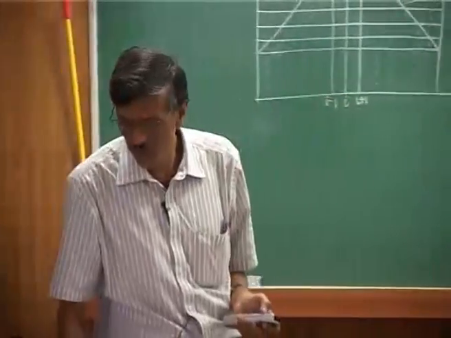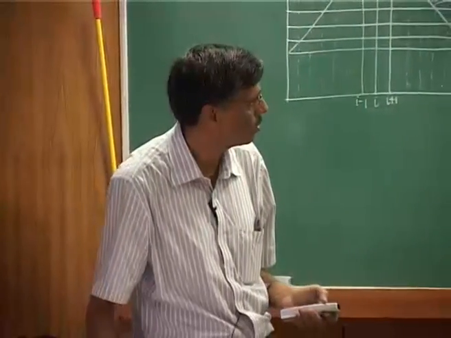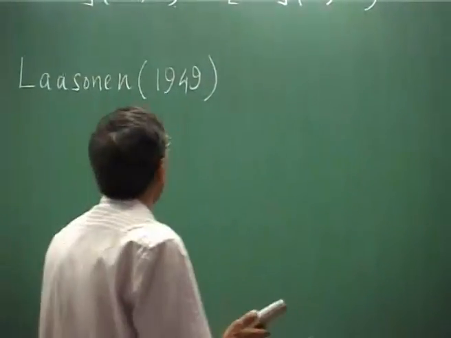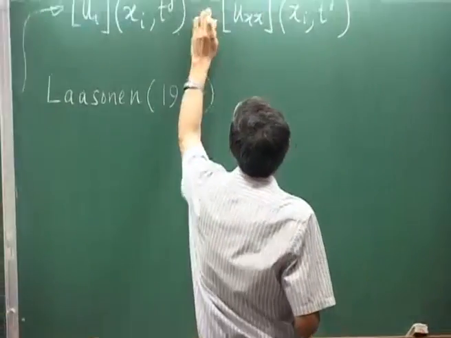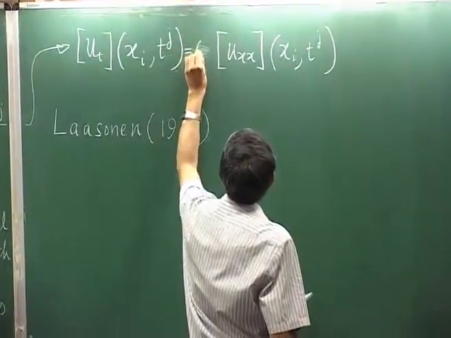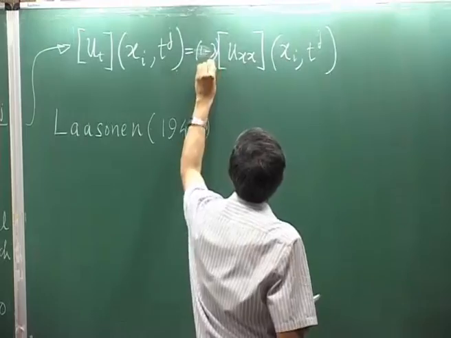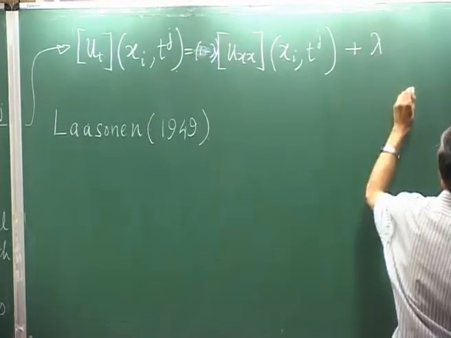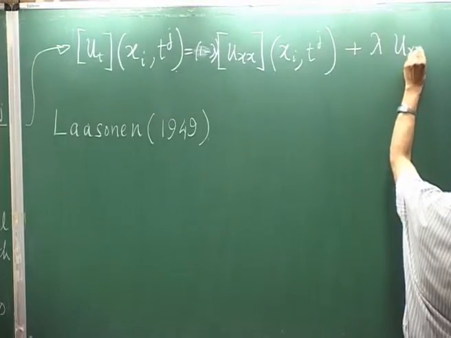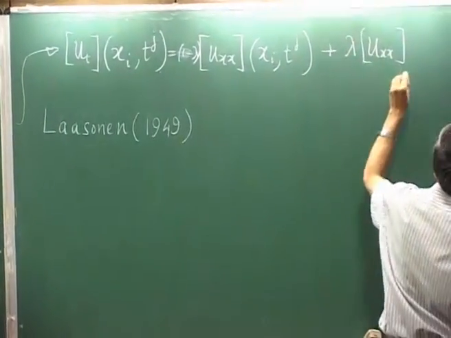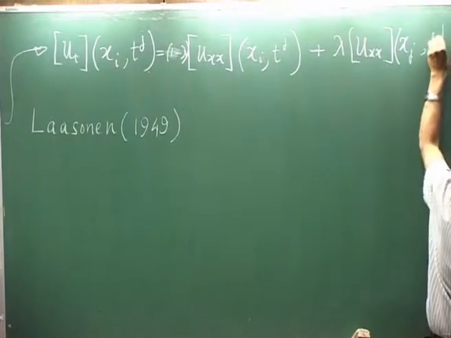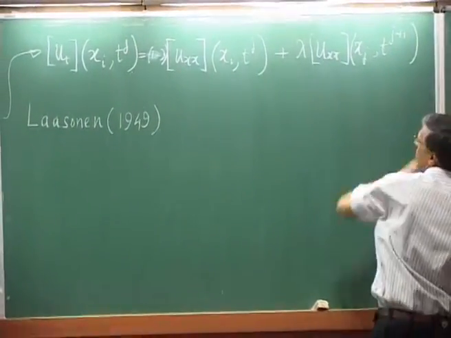Now, what does it do? What we had done here, as I had written in the slide before, is Uxx evaluated at right.